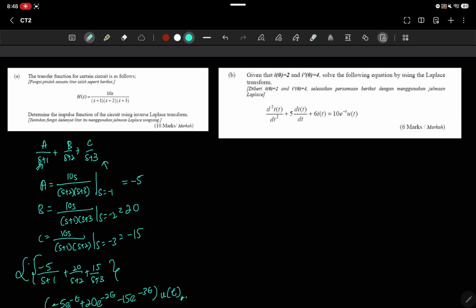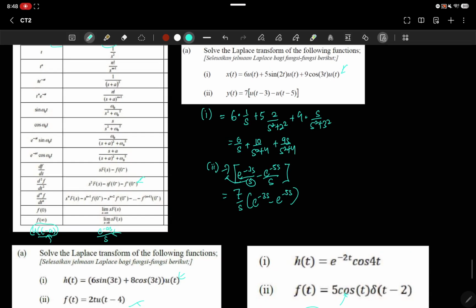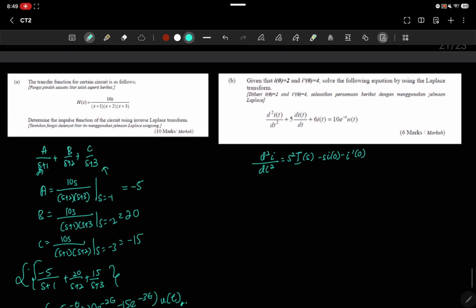Now referring to the table I just showed, you will get this. We are now writing in the I domain, but if you want to write it in the S domain, the F domain function, it's not a problem. It's just this but written in a different format. Do not be confused.